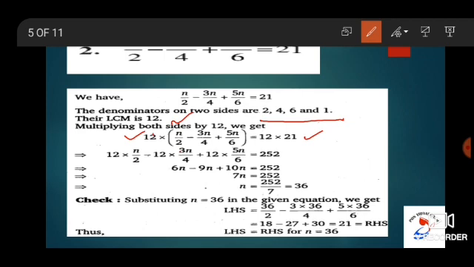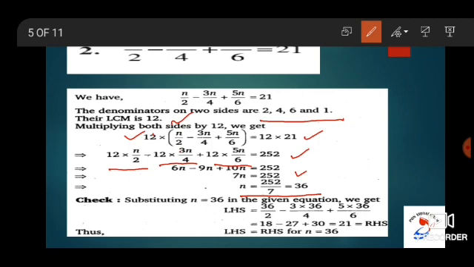So, that is 12 into n by 2 minus 12 into 3n by 4 plus 12 into 5n by 6 is equal to 252. On solving this, in the next step, this will be 6n minus 9n plus 10n is equal to 252. Now, that will be 7n is equal to 252.